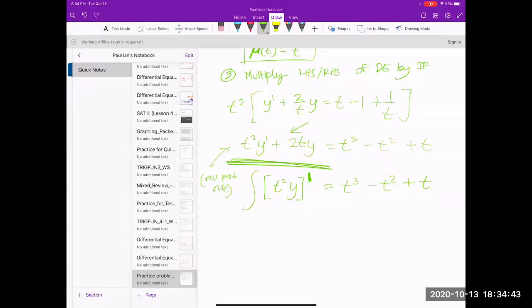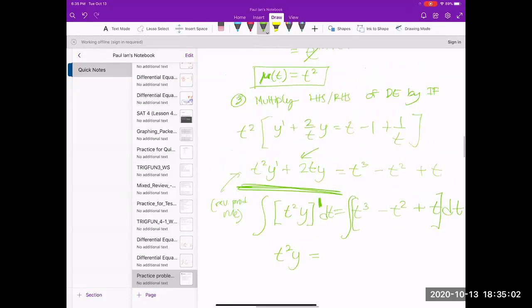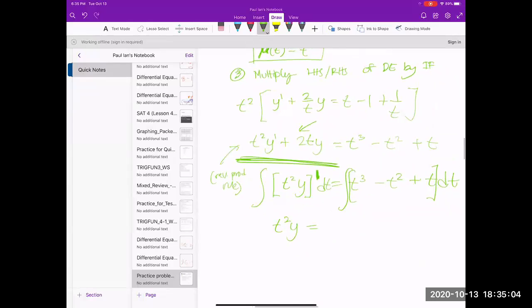You take the integral in terms of the independent variable, so dt. And since this guy is already a differential, it's just the reverse of it, so it cancels out. The only integral you have to actually calculate is the right-hand side.